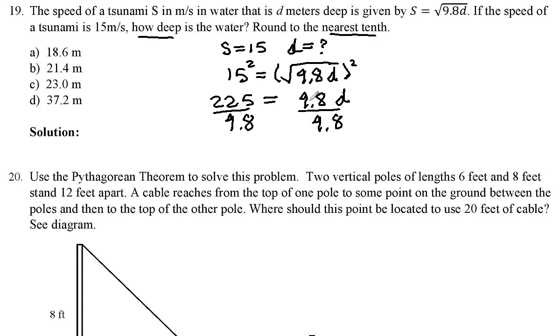Here's what we want. This is actually 23.0 rounded to the nearest tenth. The 9.8's cancel. That's d, which is answer C. So you just got to remember you're undoing operations here. Work from the outside in.